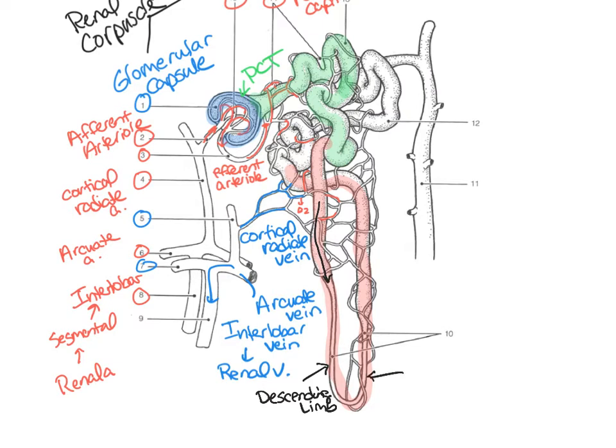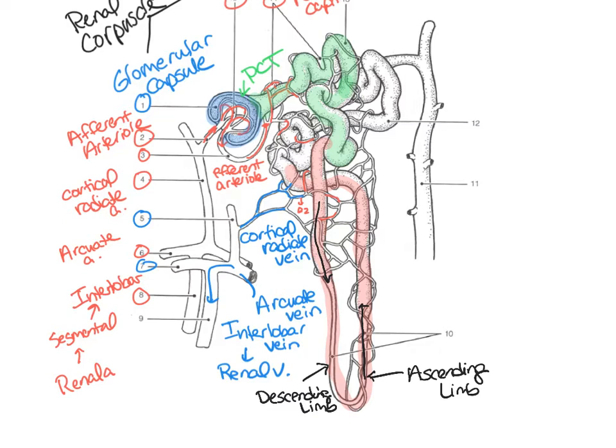And then it has an ascending limb. And that's because the fluid will be moving upward, or ascending. The other thing that we can see is that portions of the descending limb are thick and portions are thin. Portions of the ascending limb are thin and portions are thick, so we give them separate terms as well.